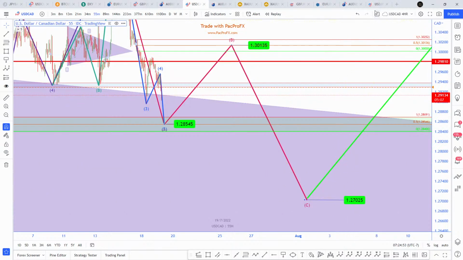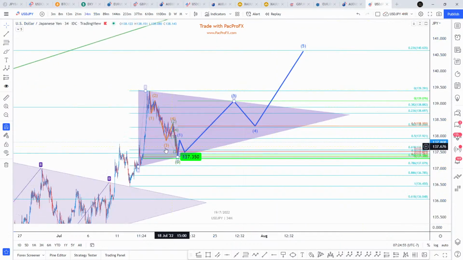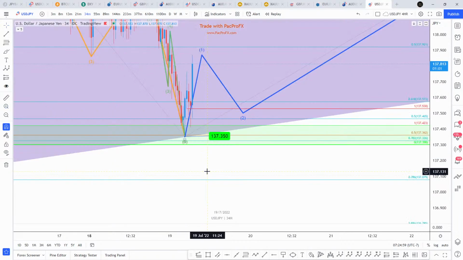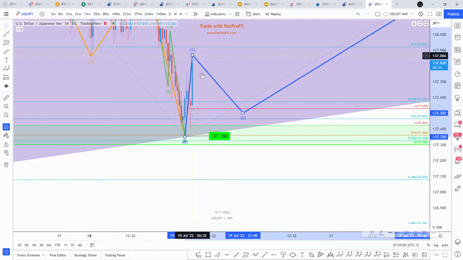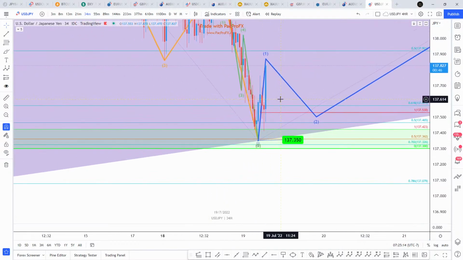UJ moving? Is UJ moving? Oh yeah, look at that. There you go. Just finished wave 1. So now I'll be pulling back down here. At least somewhere in there.